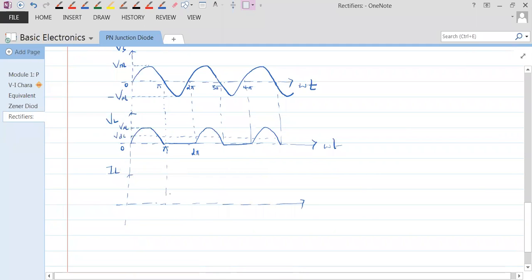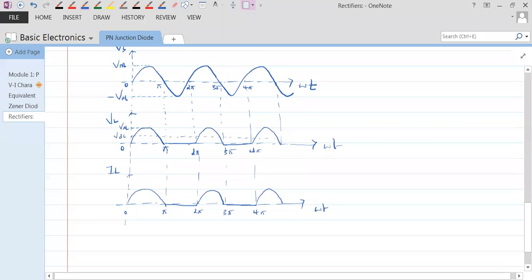Fine, you just have to bring these lines down. Okay, see here it is flowing, here it is not flowing, here it is flowing, here it is not flowing, again it is flowing, 2 pi, 3 pi, 4 pi. Okay, you can just write all this. This is how the load voltage and load current are going to look like.